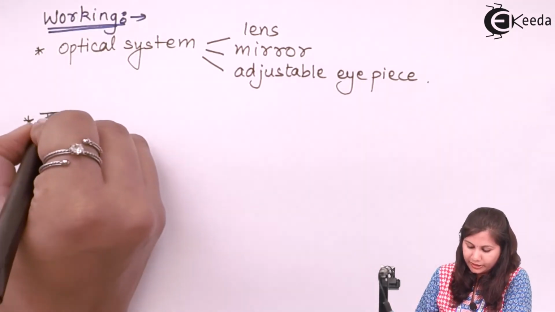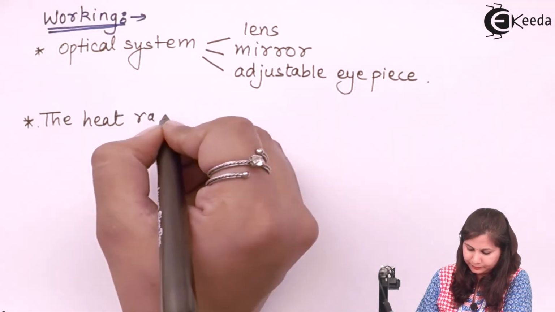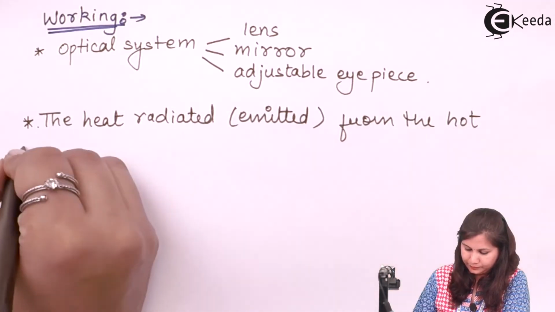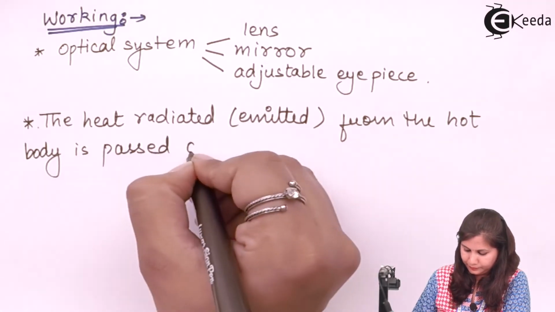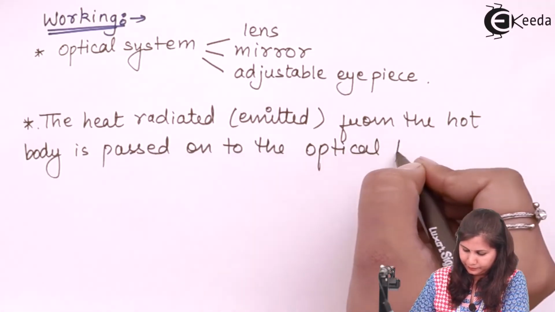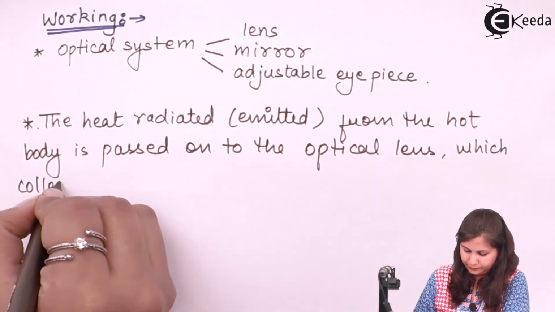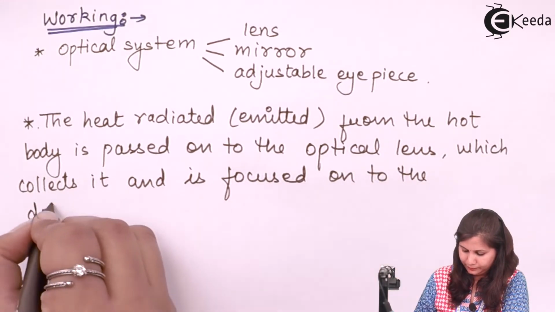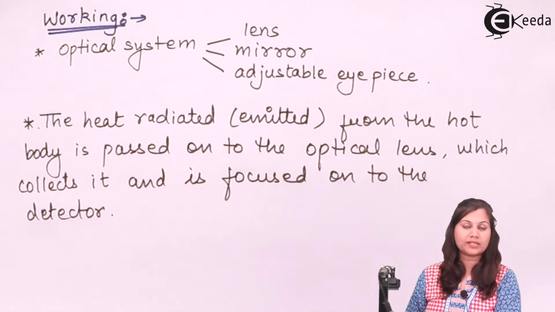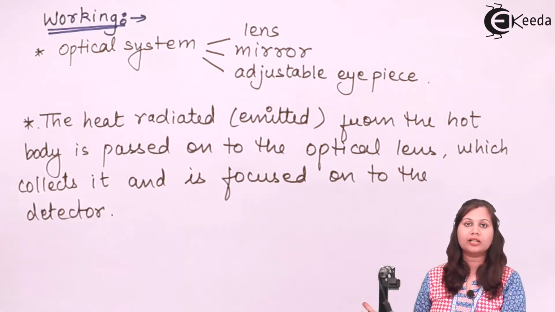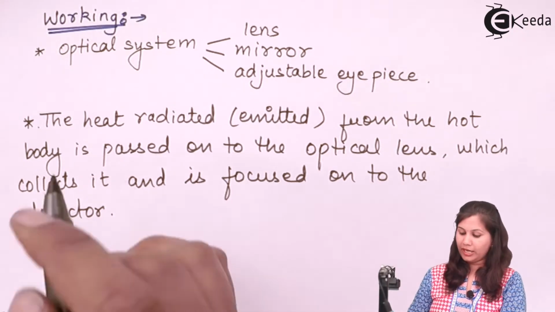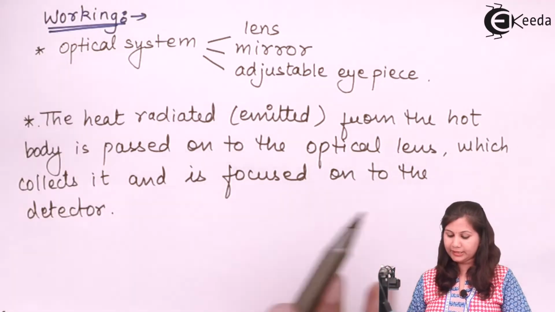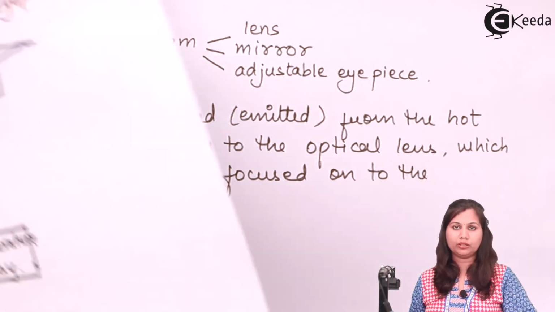Now the heat which is radiated by the object, because the object is very hot, it is going to radiate or emit some amount of energy, and this heat radiated or emitted from the hot body is passed on to the optical lens which collects it and focuses it onto the detector.